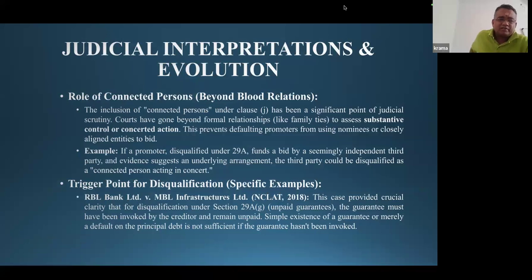How will you know that? We should know it. Unless you do a thorough examination of his books of accounts, how will we know that he has funded? See, basically what we are doing is, sir, we take online tool help. We'll go into probe and try to find out, and sometimes even Google searches will help.